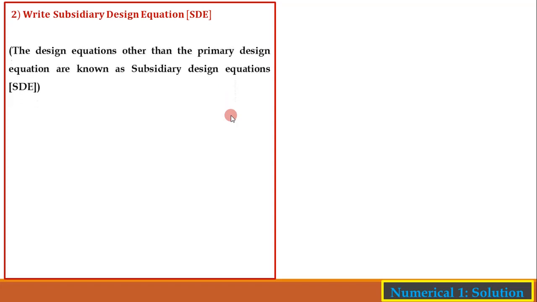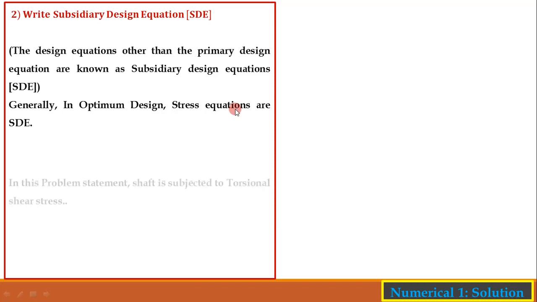So this is the definition of the SDE: the equations other than PDE are called SDE. Generally, in optimum design, the stress equations are SDE, as I explained. If other than weight there is no other technical parameter given in the numerical, then by default we can use the stress equations as SDE.